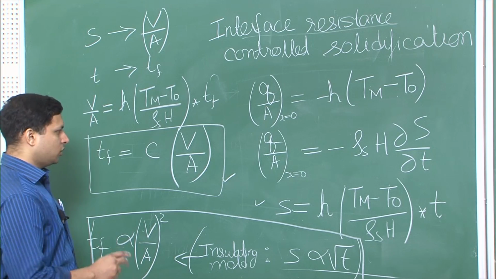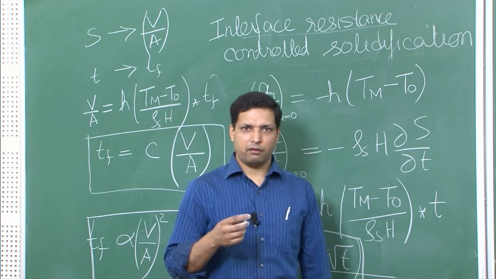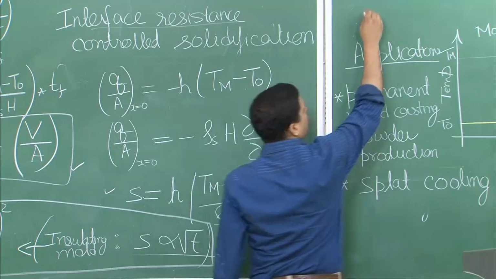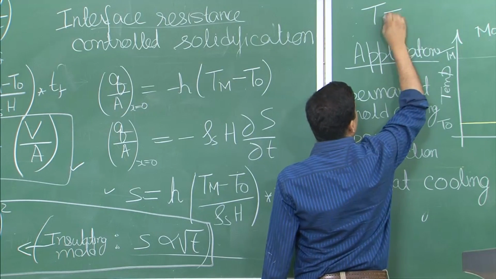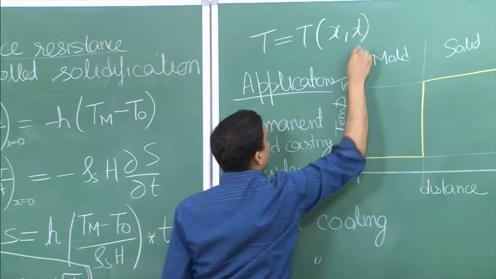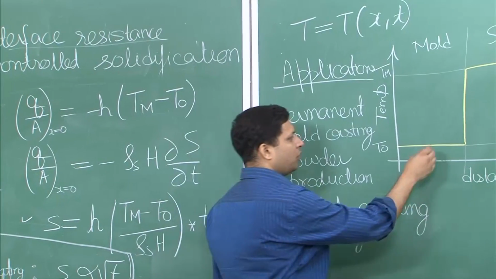So we have these equations. One thing we skipped was the equation to give T in terms of x and small t, which is time. And why are we not doing that? It is very simple. You look at this.